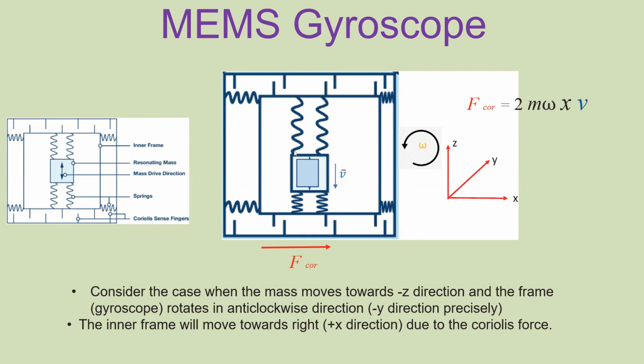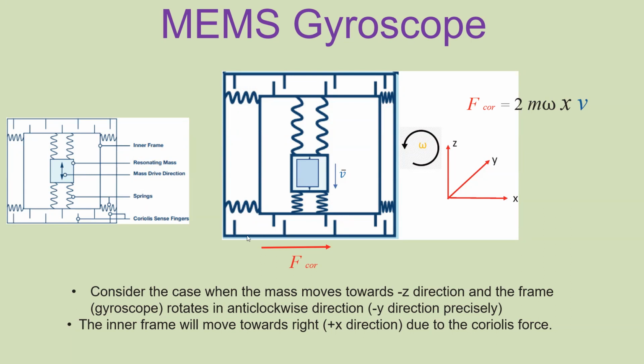As the inner frame is also linearly oscillating, due to the force experienced, it will try to move this way. There are capacitance plates attached to the inner frame, and capacitance plates attached to the reference frame. The reference frame is rotating, but it does not have linear motion in this direction.